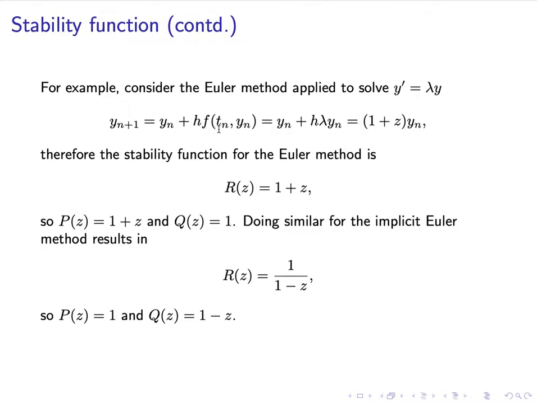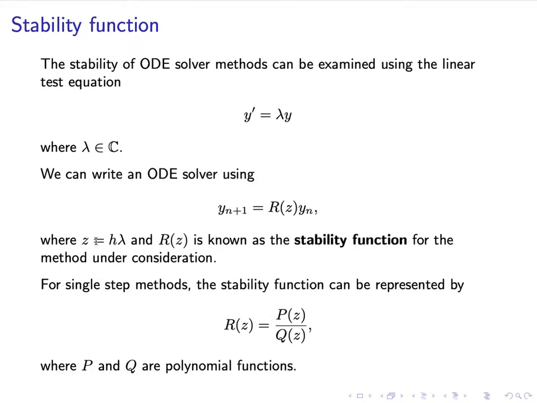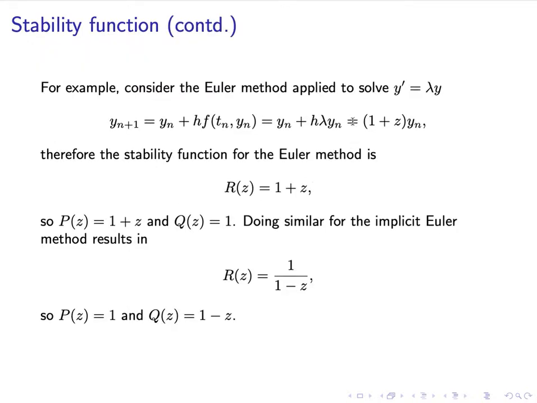And recall that z, if I go back a slide, is equal to h times lambda. So I can rewrite this as y_n plus z times y_n, which if we factorize, we have 1 plus z as a common factor, multiplied by y_n.